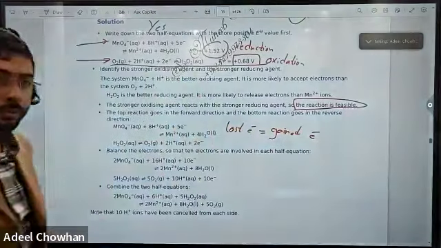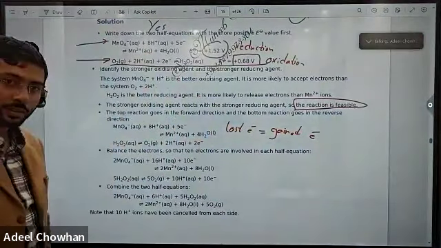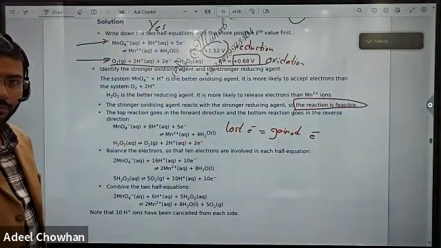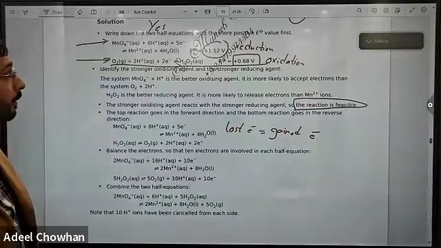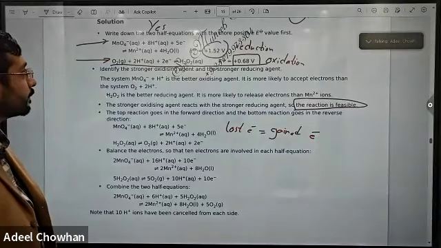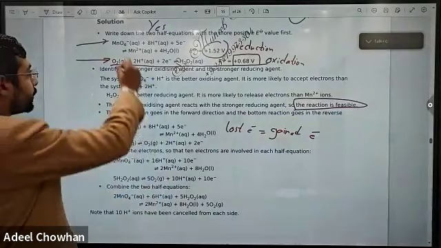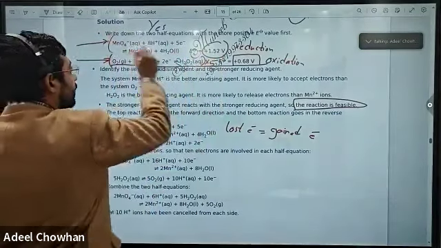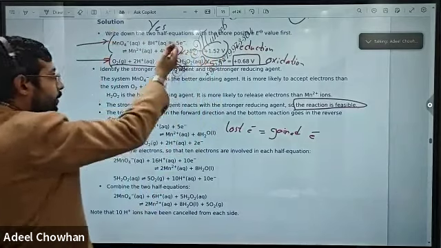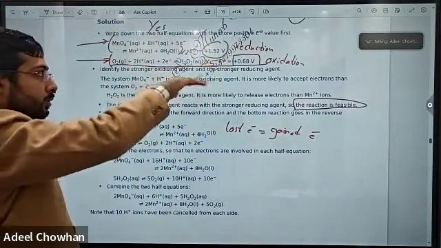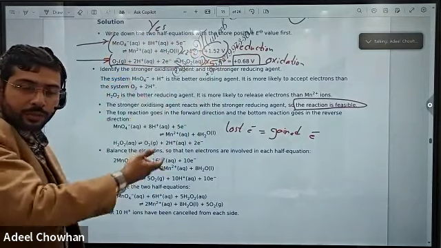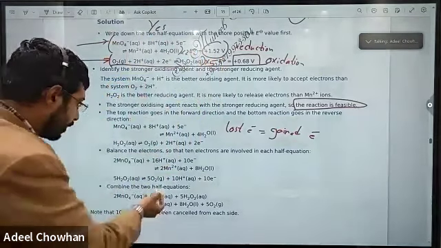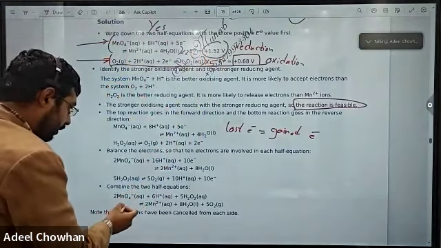So how would you apply this principle on these two reactions? Very good. This reaction will be multiplied by 5 and this will be multiplied by 2, and that's how when you multiply the whole equation, you then combine the two equations and cancel out the similar species.